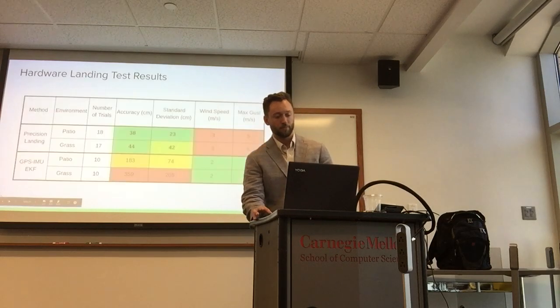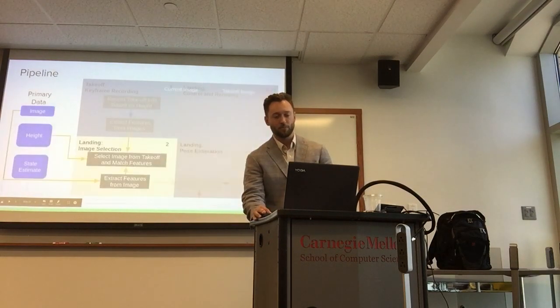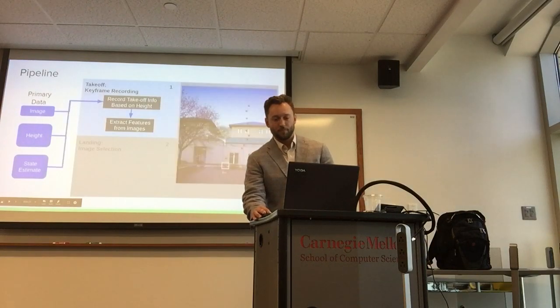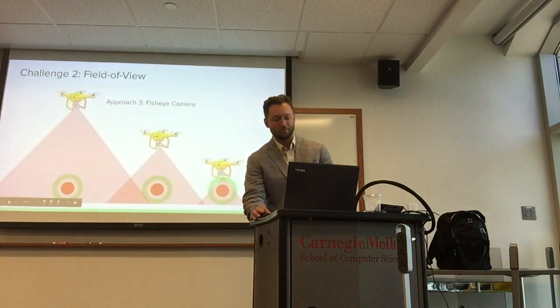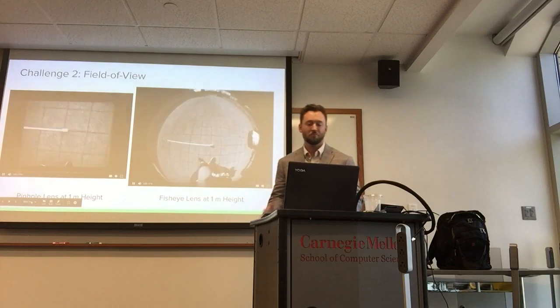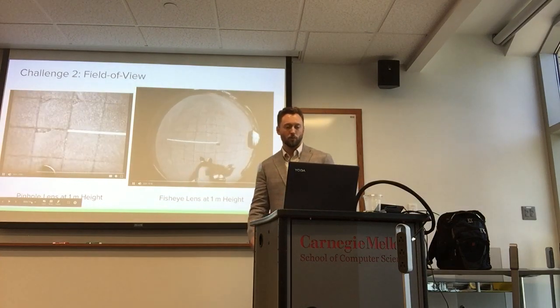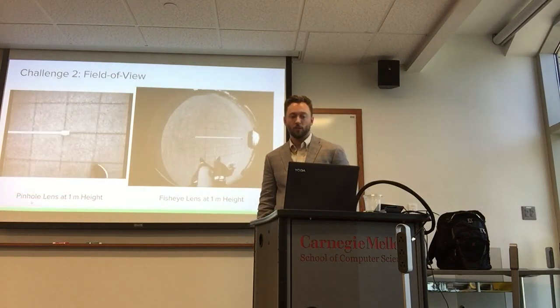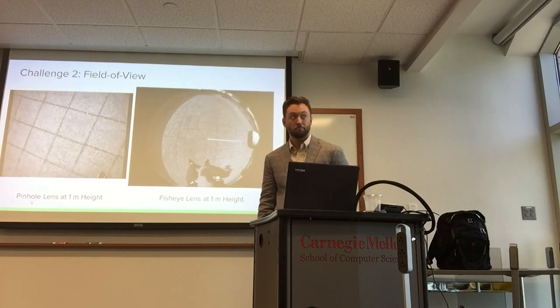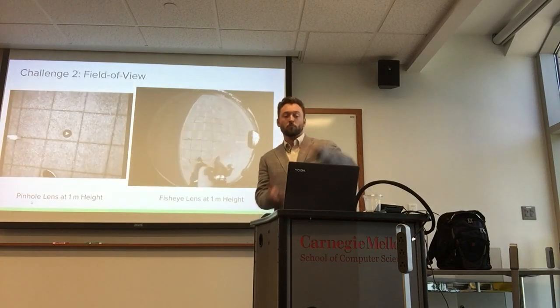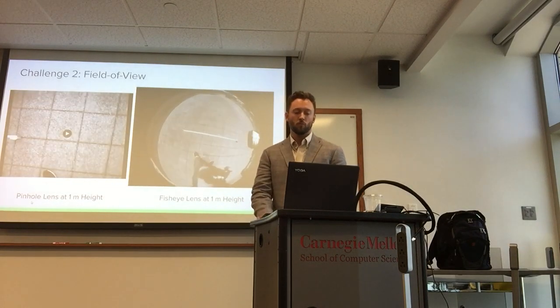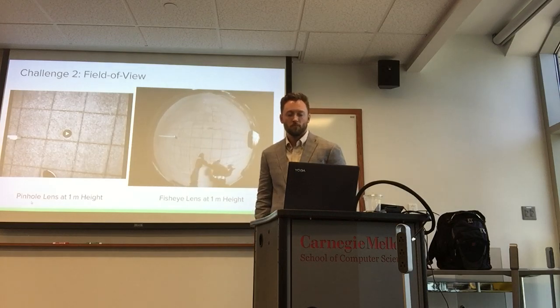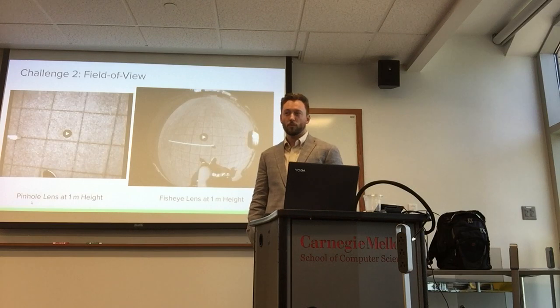For this one, with 1 meter above the ground, you can see about 3 feet in width and height. So I don't think it was overly narrow for the view.